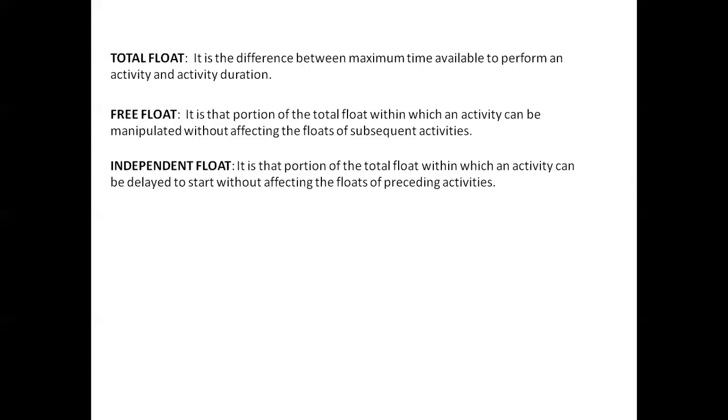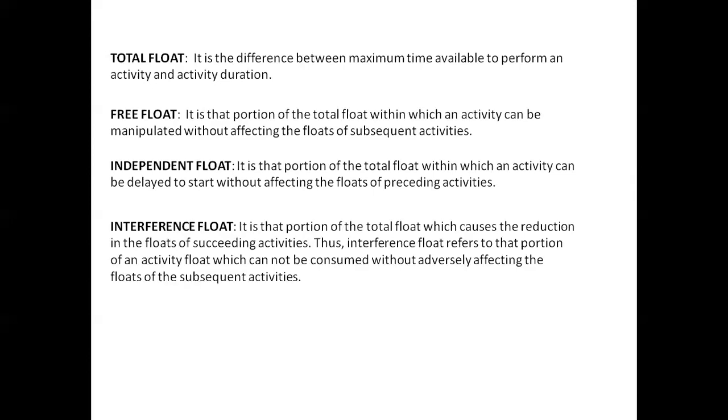And finally, the interference float. It is that portion of the total float which causes a reduction in the floats of succeeding activities. Or interference float refers to that portion of an activity float which cannot be consumed without adversely affecting the floats of the subsequent activities.